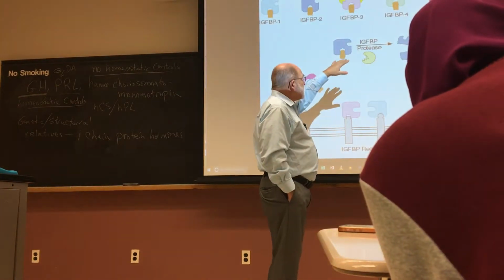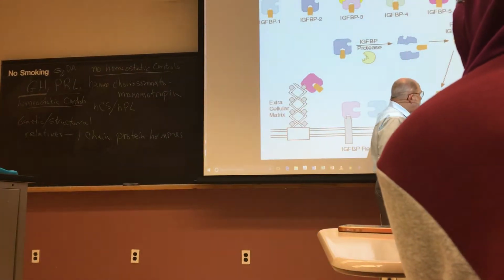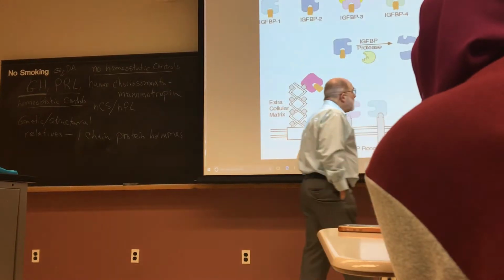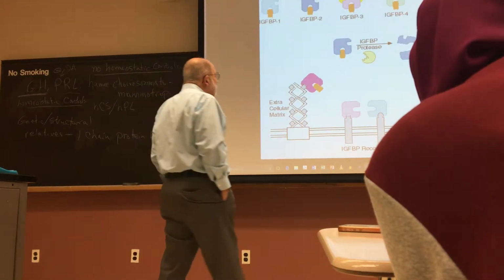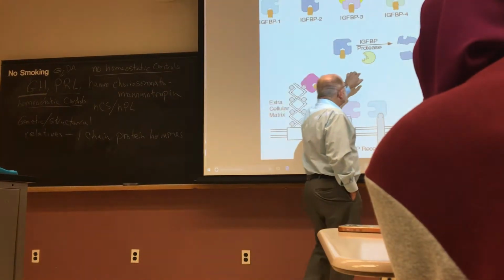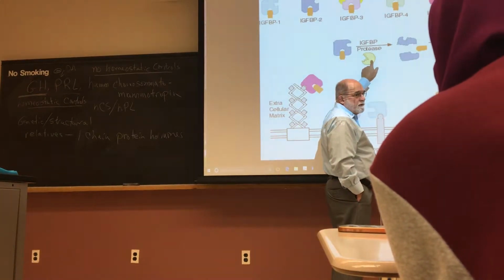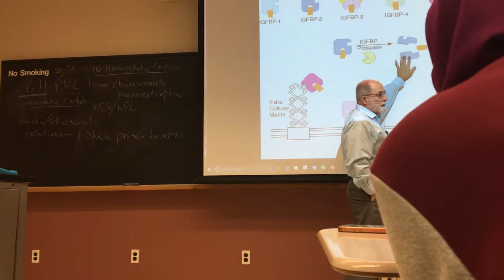So binding proteins, as you know, can drain off free hormone and temper the amount that's available to bind to a particular receptor. But the situation is even more interesting than that, in that there are particular proteases that are available that may cleave the binding proteins.